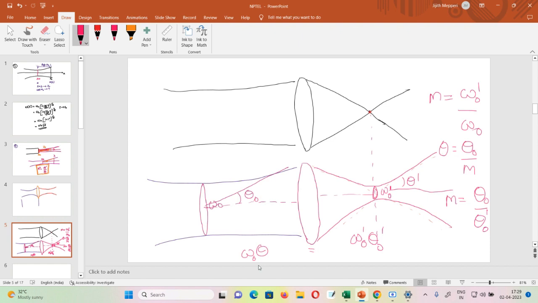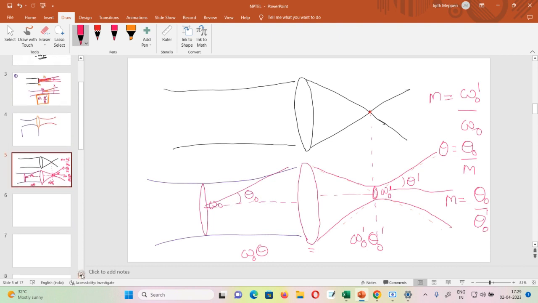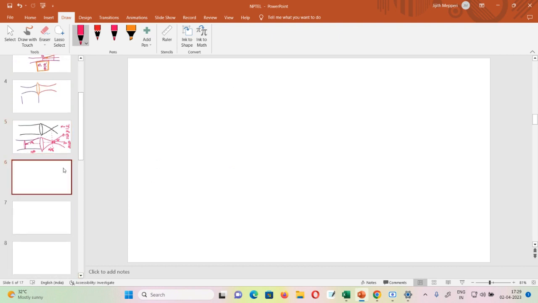So you can directly see that the more tightening is happening by the lens, the more divergence is happening by the lens. So you can define one beam parameter product in such a way that omega naught into theta naught, before the beam enters the lens, is the same as omega naught prime into theta naught prime, the product after the lens.